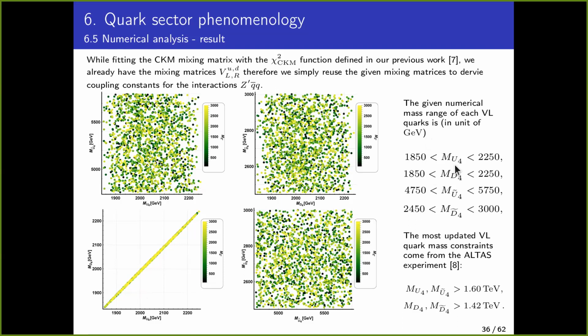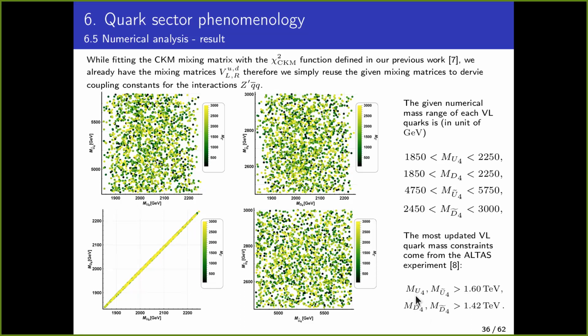The vectorlike up-type quark runs from 850 to 2250, and similarly for the others. The most updated vectorlike quark mass constraints come from the ATLAS experiments, given this way. So this is for the doublet and the singlet, and similarly for the other doublet and singlet.